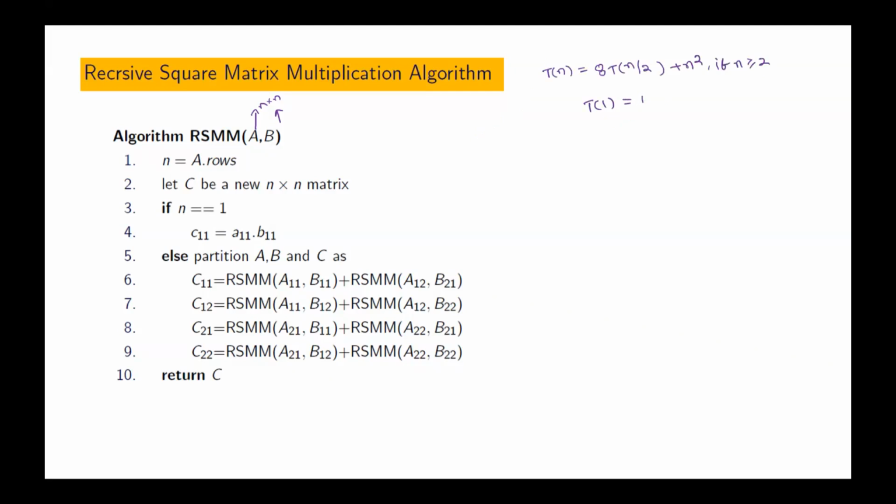Is that correct? Same thing we discussed, no? Okay. Recursive divide and conquer algorithm for square matrix multiplication.